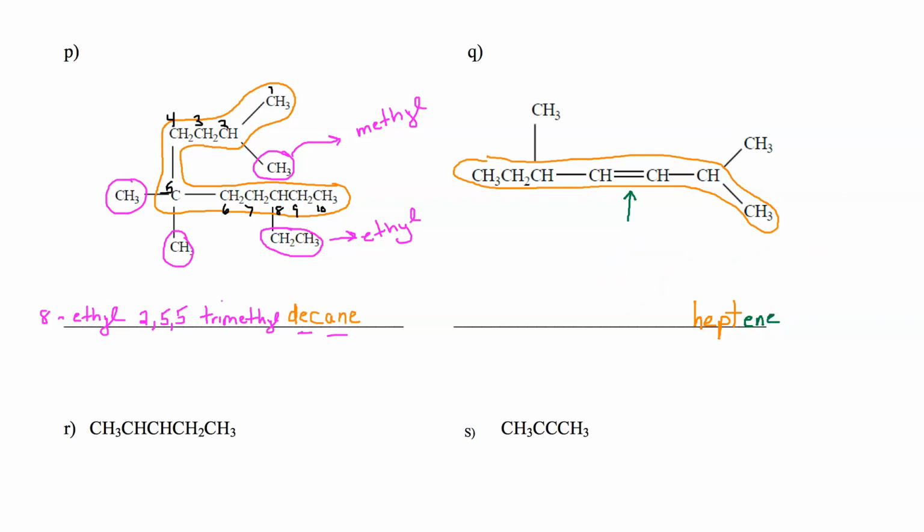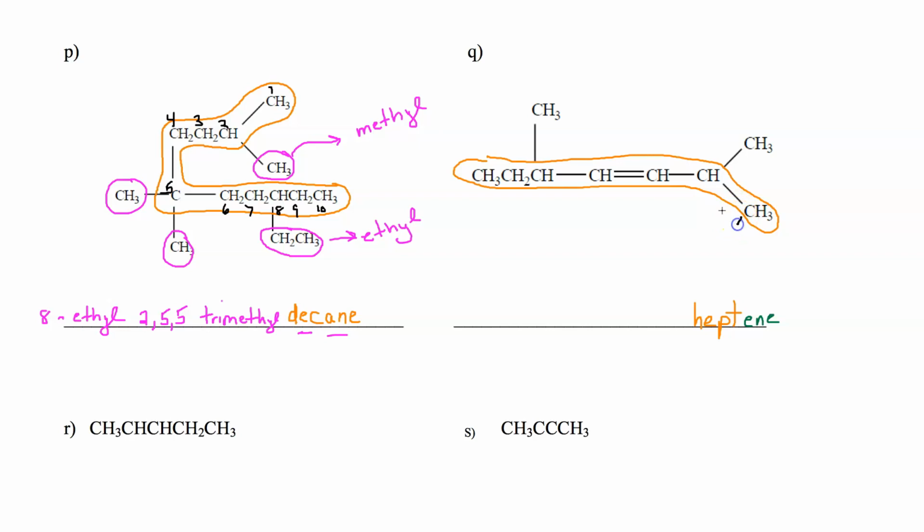Now the question is, where is that double bond? It's on the first carbon. So I've got to count. 1, 2, 3, 4. We name the carbon that starts it, or 1, 2, 3. So when I name something with a double bond, the double bond takes precedence in the numbers. And I'll explain that in a second.